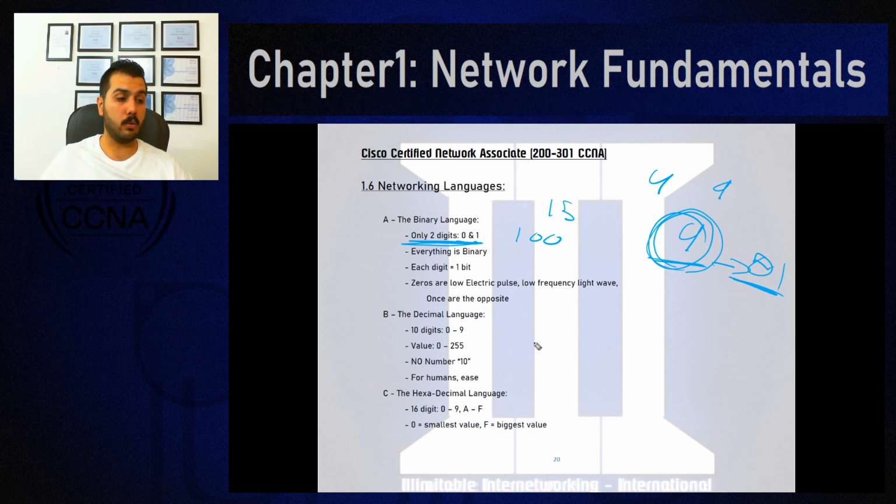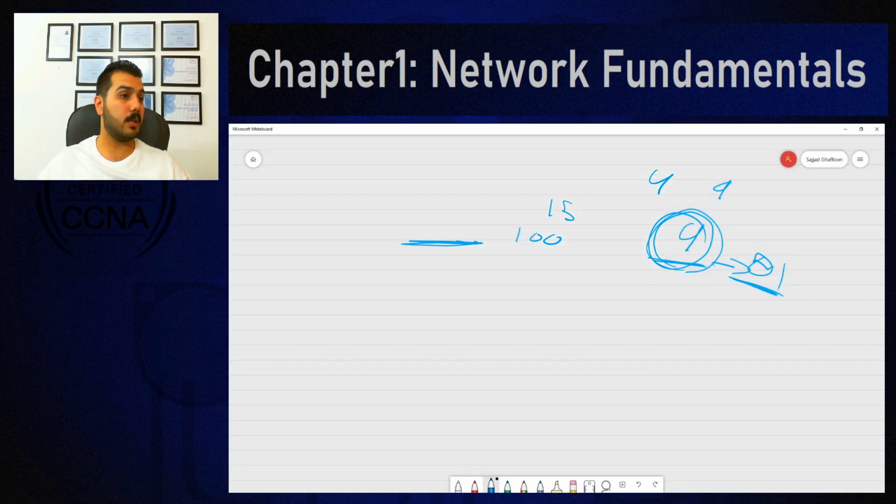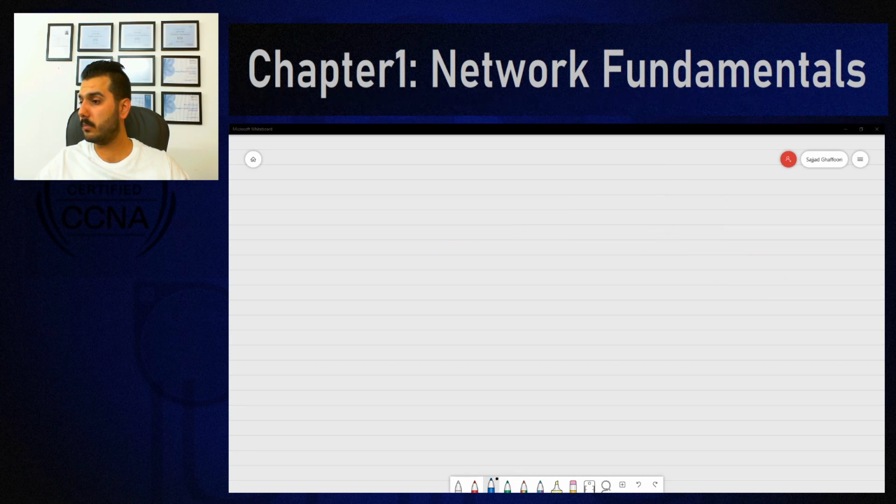Okay, how to do that? Let us start the conversion process. This is done by multiplying number 1 by 2, and so on, from right to left.